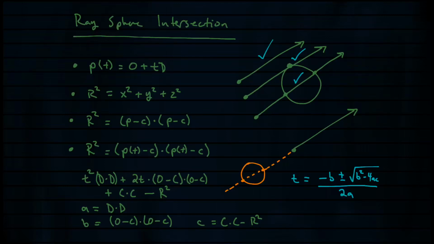Now, if your t value is positive, then you know that it lies in front of the ray, and if t value is negative, it will be behind the ray, like in this case. And I just noticed this should actually be 2 times o minus c dot o minus c, because we have 2t times o minus c, o minus c.